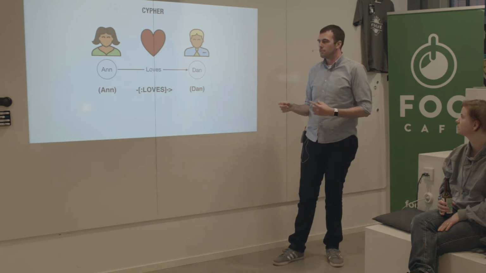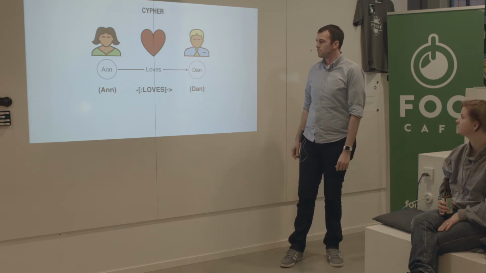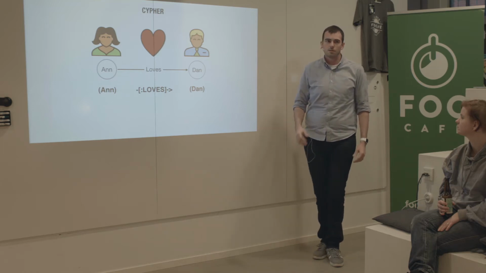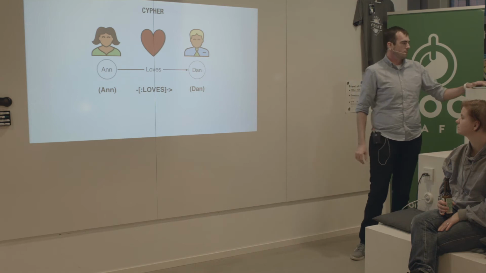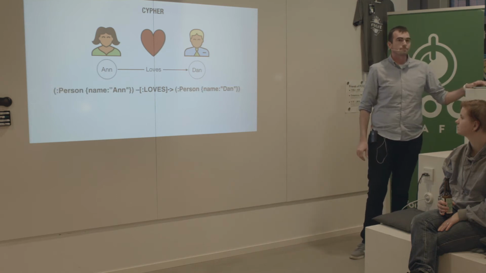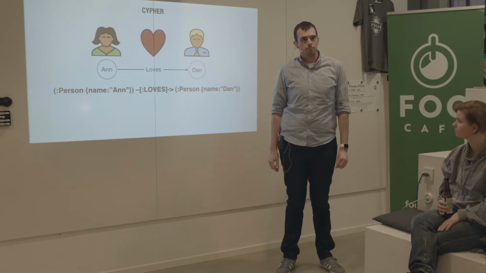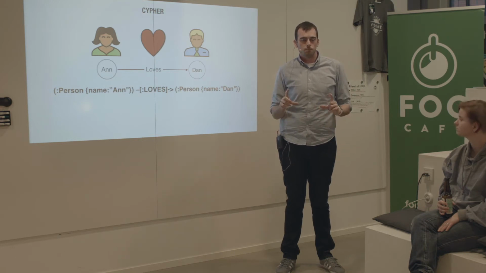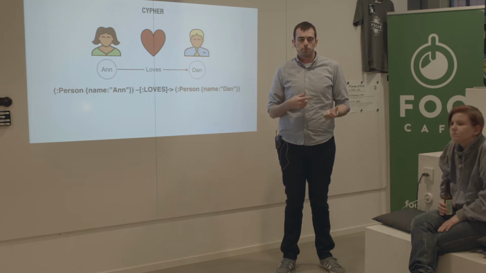So whether you're doing the query from Ann to Dan or Dan to Ann, it works just as well. You can evaluate the query just as fast. It's an implementation thing: when the data is actually written in the database, it's a double link, but you know which direction it is by description, and you can still query it in the reverse direction.